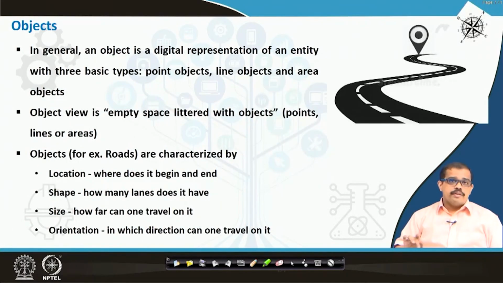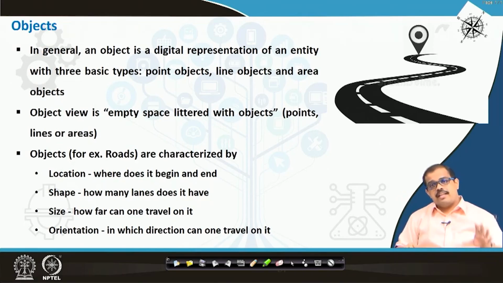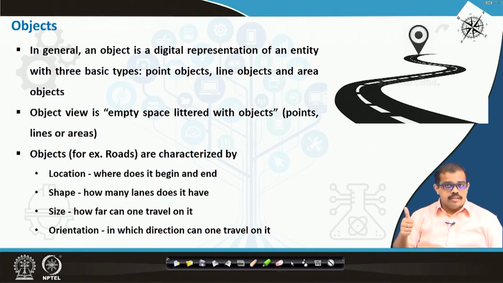When we are looking at this, an object is a digital representation of an entity. You can call an object an entity, but in digital representation it becomes an object, while in real representation it is an entity. An object can be defined in three different ways: point objects, line objects, and area objects.